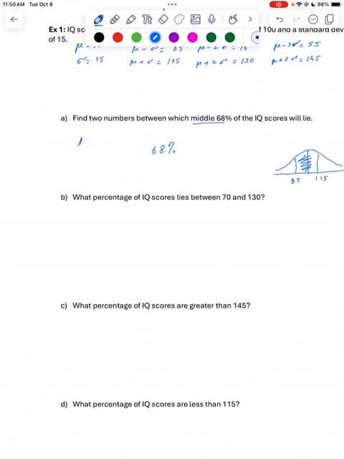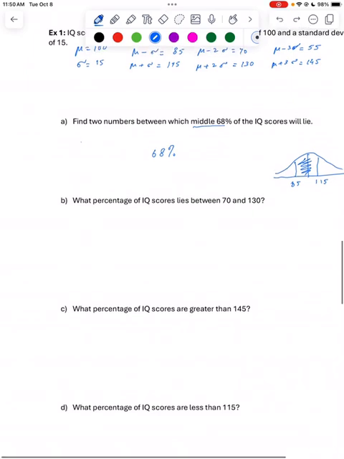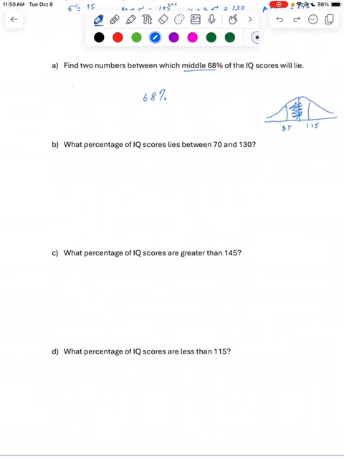What percentage of IQ scores lies between 70 and 130? Now notice here in the A part, a percentage was given and you were asked to find the numbers. Sometimes it might say find the range of numbers, which basically means from 85 to 115. That will be the range. Here they are saying 70 to 130.